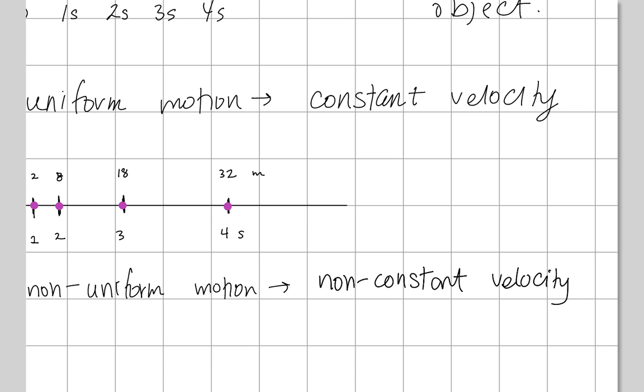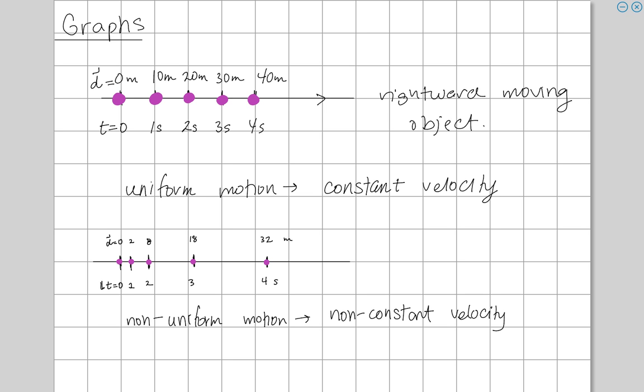And then stuff like pointy graphs, that stuff doesn't really happen. There's never these sharp turns like that. Unless you start talking about some purely mathematical ideas. But in real life, it's always either smooth or straight. Okay, and this is also for a rightward moving object.